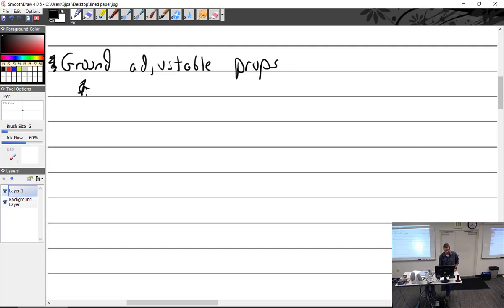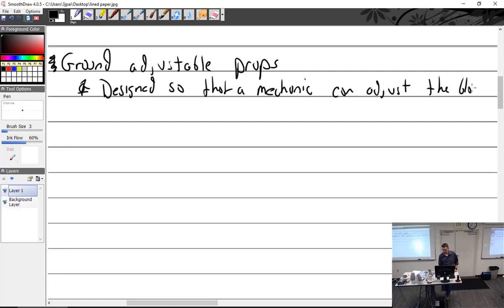Designed so that a mechanic, as opposed to the pilot, can adjust the blade angles to give a desired performance.